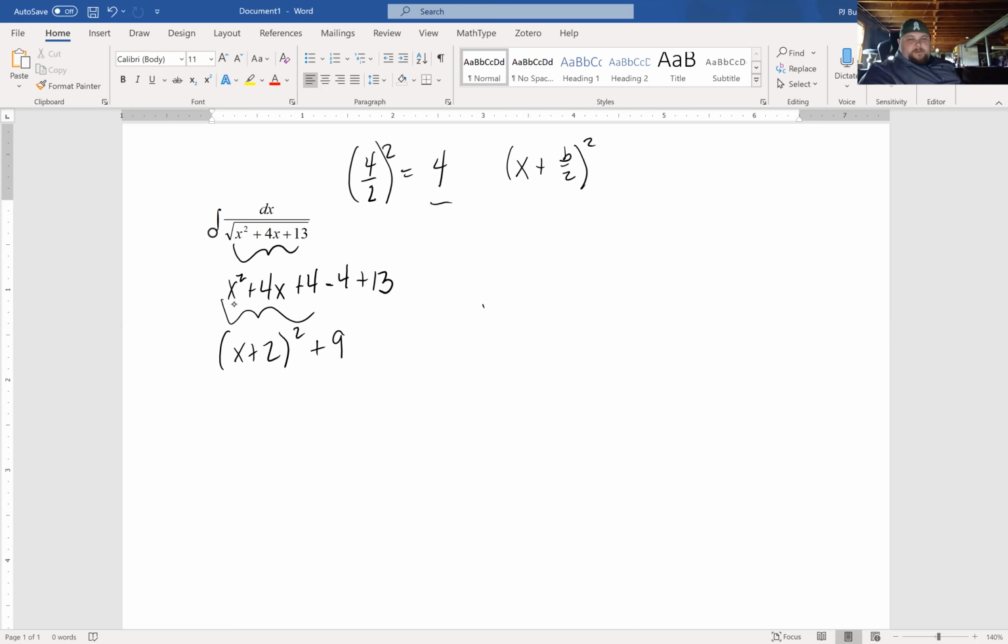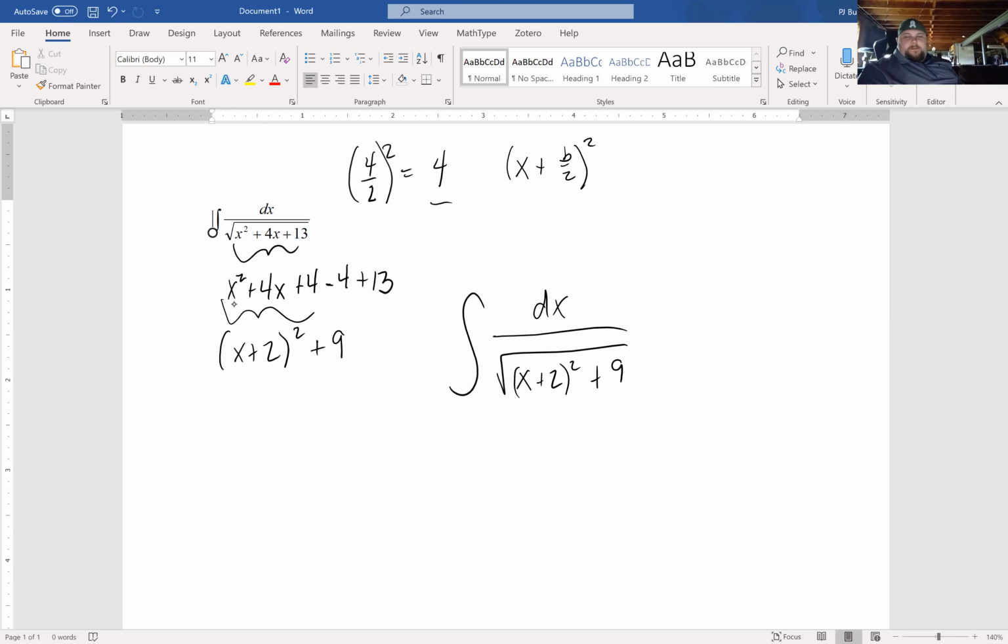So now my integral is this. And if you really want, you can let u equal x plus 2. Du would be dx.